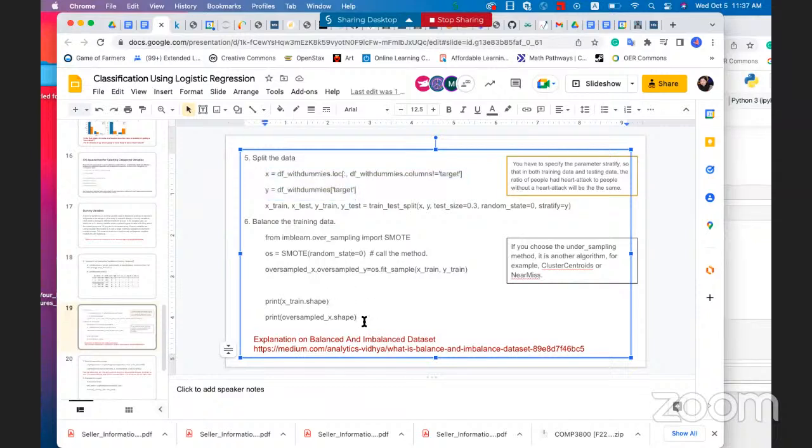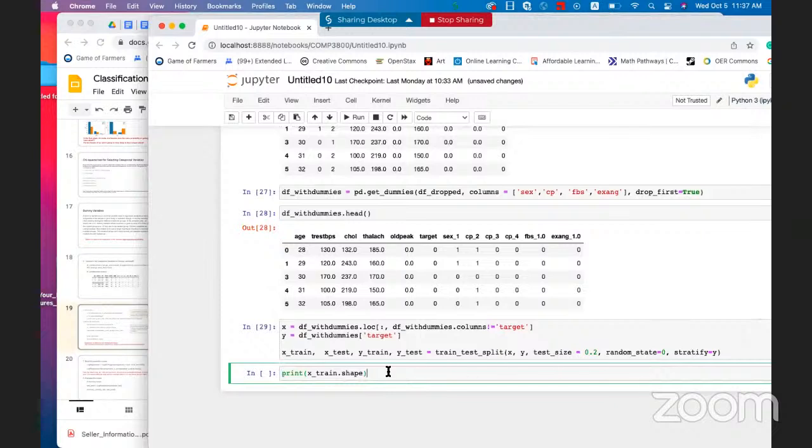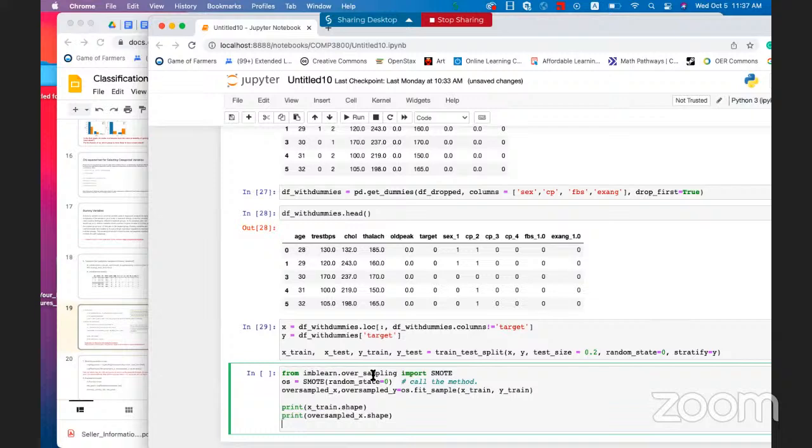So there are two methods for balancing the data. One is called undersampling, and the second is called oversampling. What does the oversampling do? Sometimes we have sufficient data, then we can reduce one group.